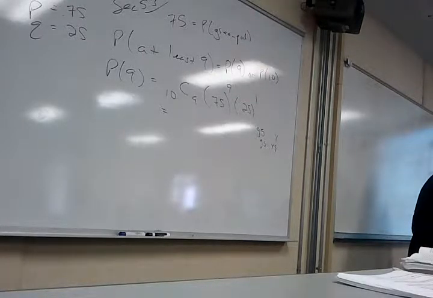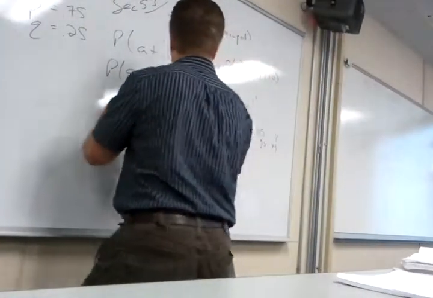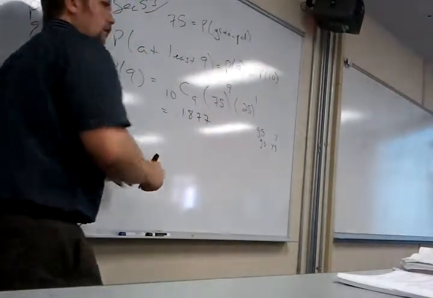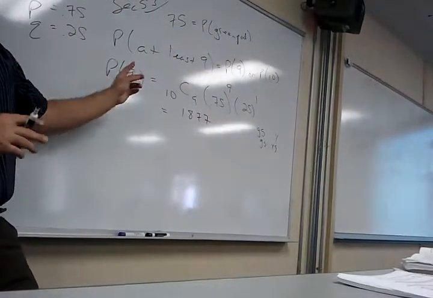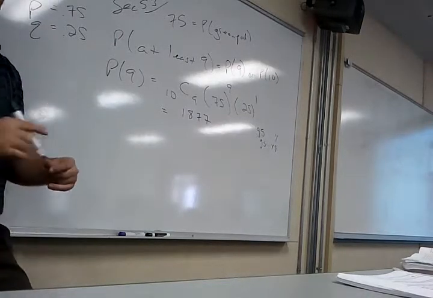Choose is number 3. 10 choose 9 times 0.75 to the 9th times 0.25 to the first. You want to do that. There it is, 0.1877. So you guys go ahead and do the situation for the probability of 10. Try that out. Set up that equation, see what it comes out to be.